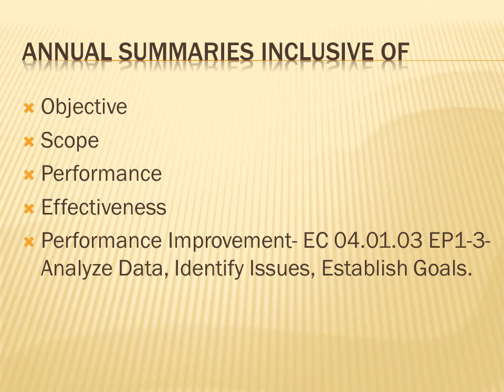Those three EPs basically say you need to analyze the data that you get, identify issues as a result of analyzing that data and follow up on them, and at the end of the year, establish goals for performance improvement. I think that's a good way to cap off reports, so I include it as part of the objective, scope, performance, and effectiveness. But now we're going to go over what objective, scope, performance, and effectiveness are.